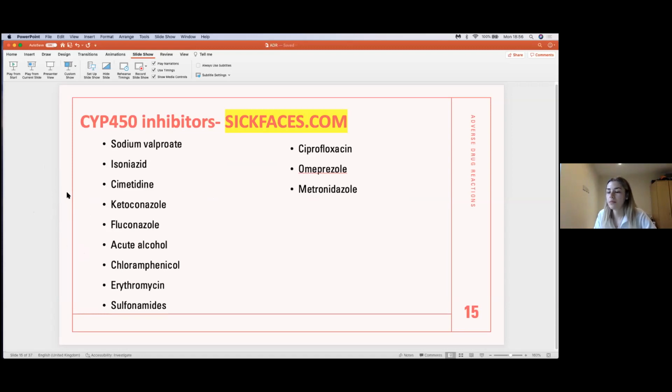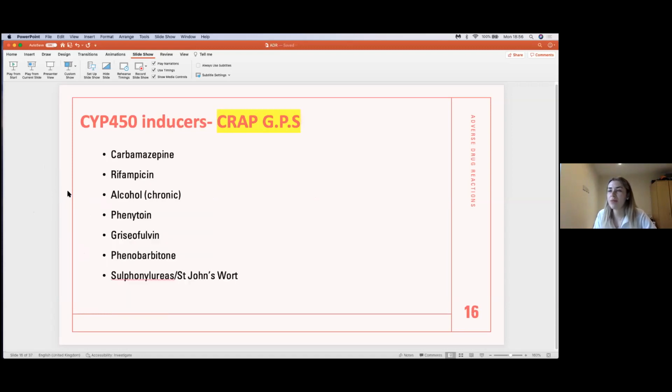And then the CYP450 inducers, these are the crap GPS. Don't say GPs and CCT like I did, because it really upsets your CCT tutor. So remember it by crap GPS, not crap GPs. And just remember those drugs. These will reduce the anticoagulant action of warfarin and reduce the INR, for example.